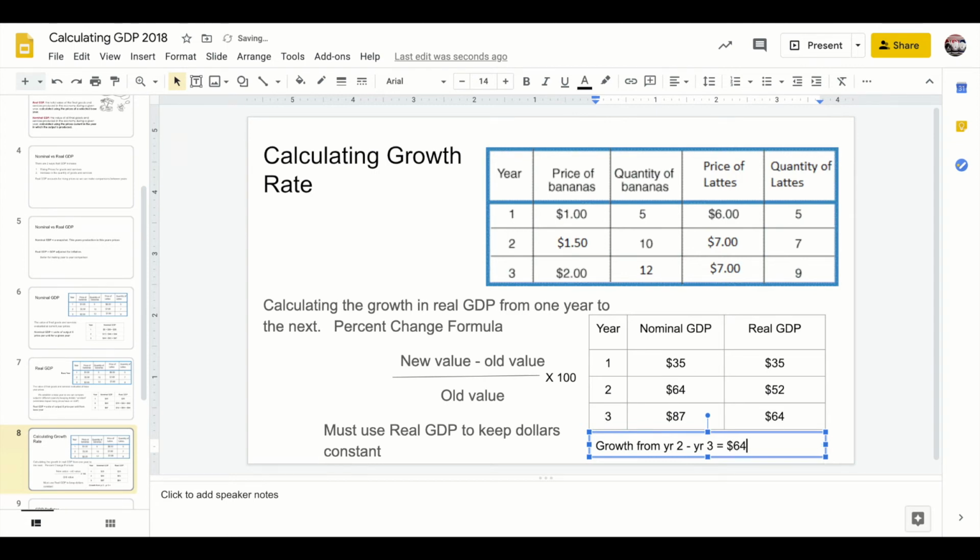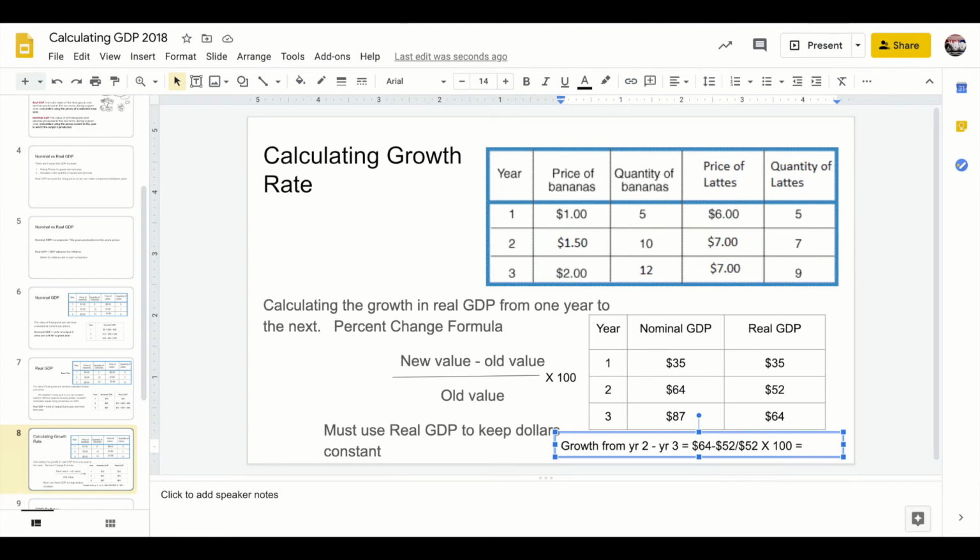That will be $64 minus our old value, which was $52, divided by our old value of $52, times 100. And that equals what? I'm going to have to give myself a little more space here. I'm going to have to do a little bit of math here. All right, so 64 minus 52 is what? $12?